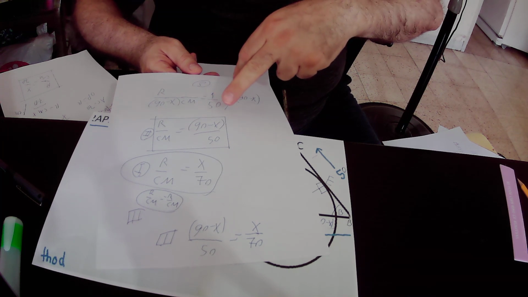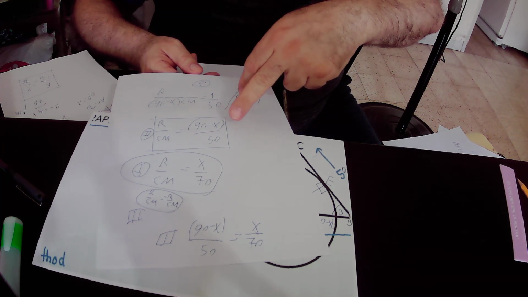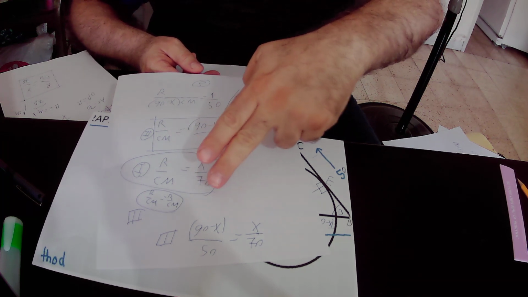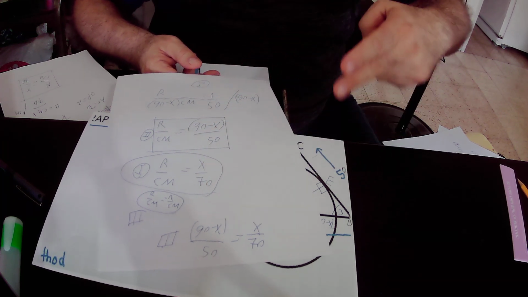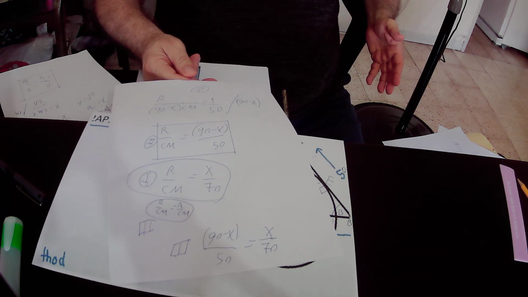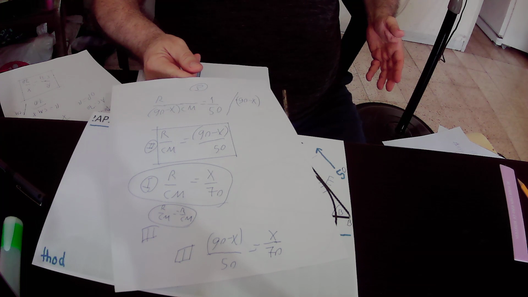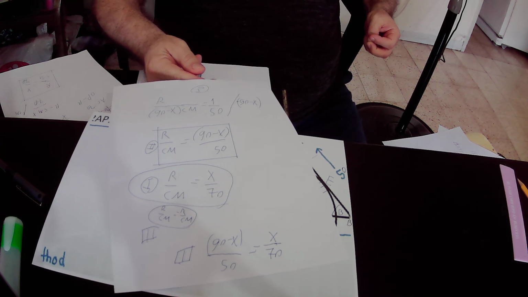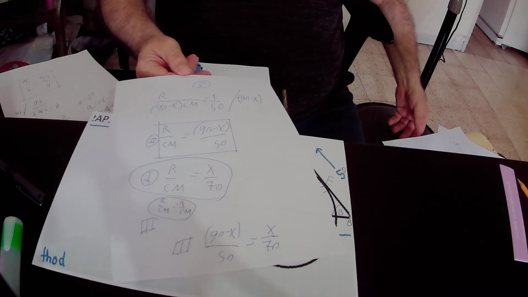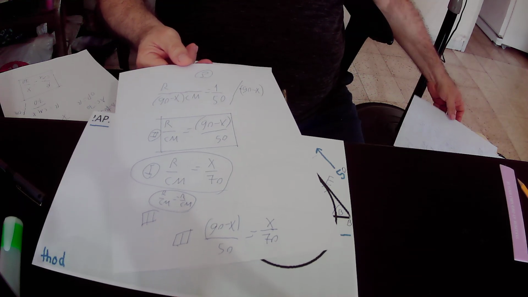For that reason, we can say that 90 minus X over 50 equals X over 70. So it is a very simple equation, one equation with only one variable. The variable is X.